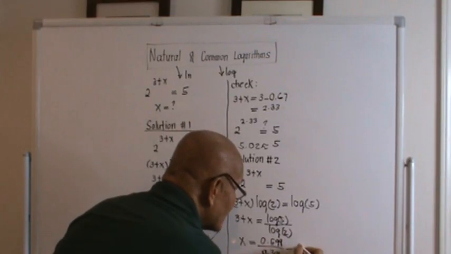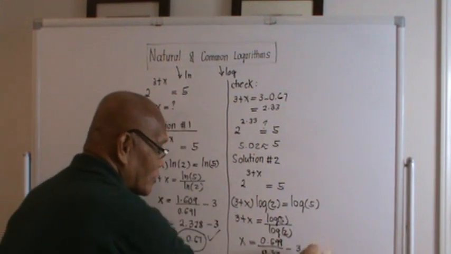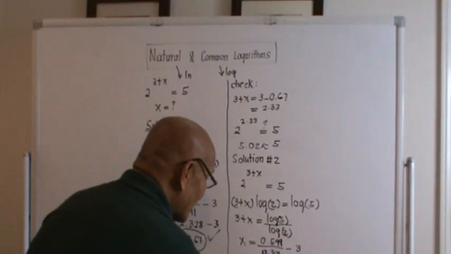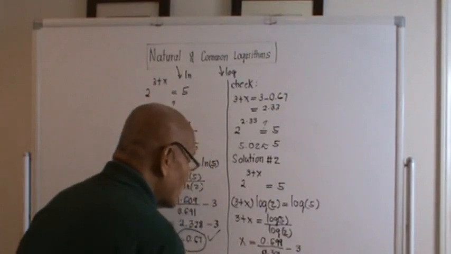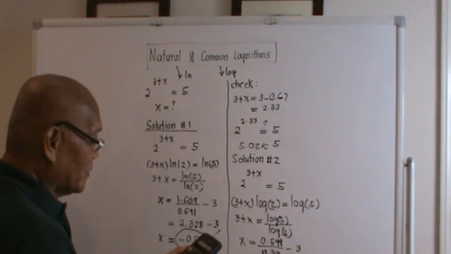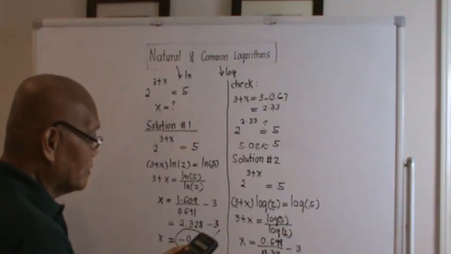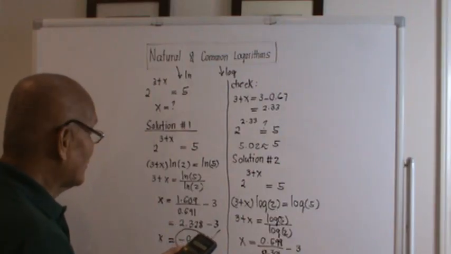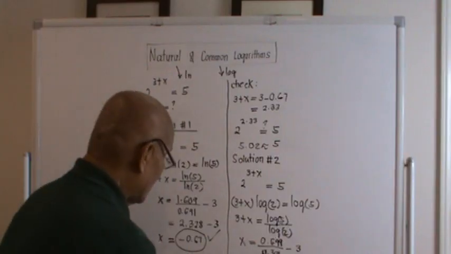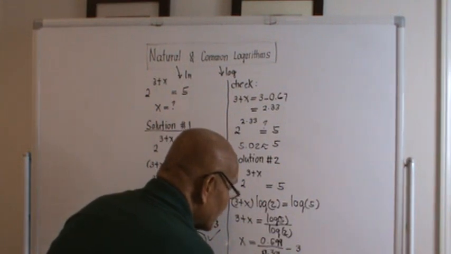Okay, minus 3. We are solving for x. We transpose this 3 here to the right, so this is now negative. So x now will be equal to 0.699 divided by 0.301. That will be 2.322 minus 3.